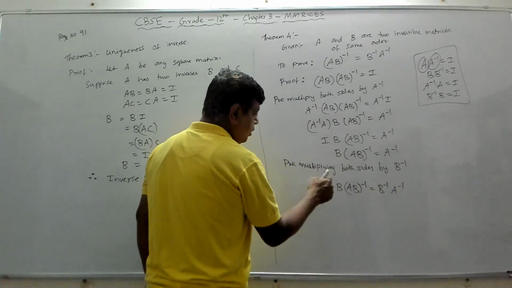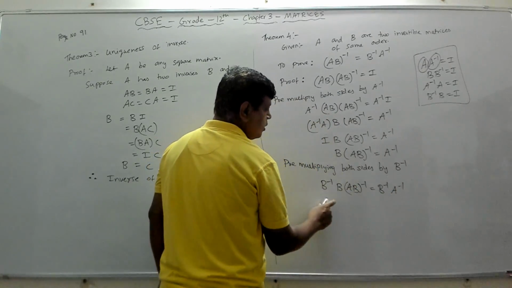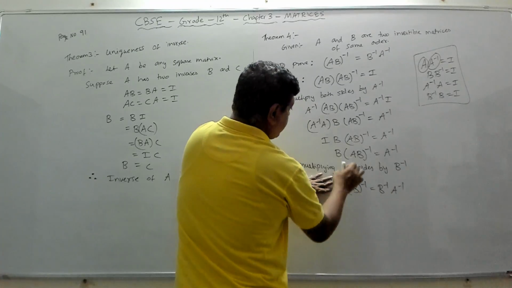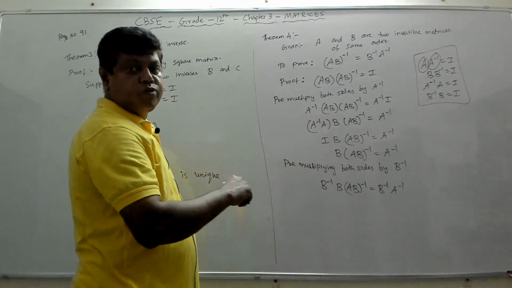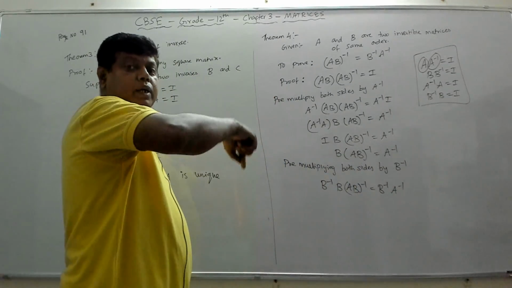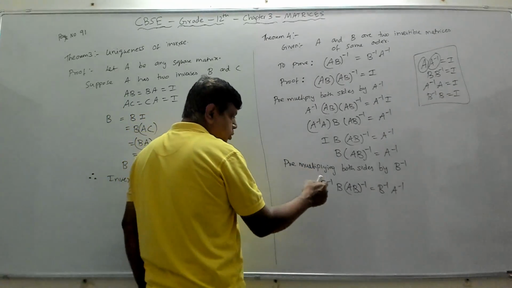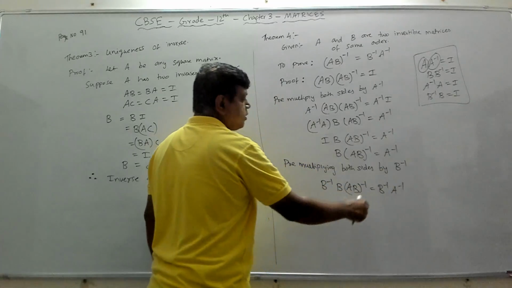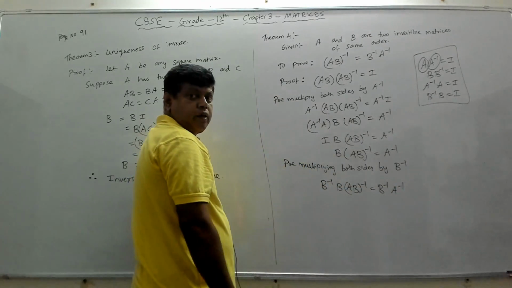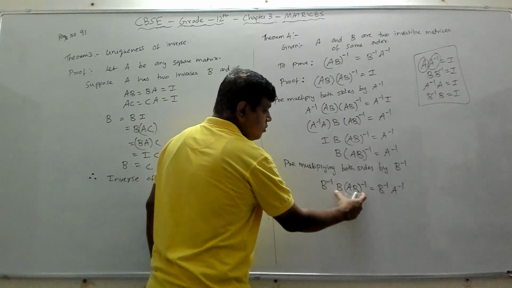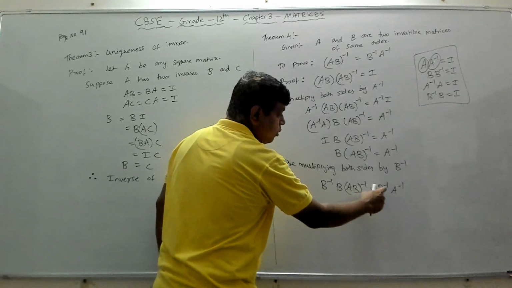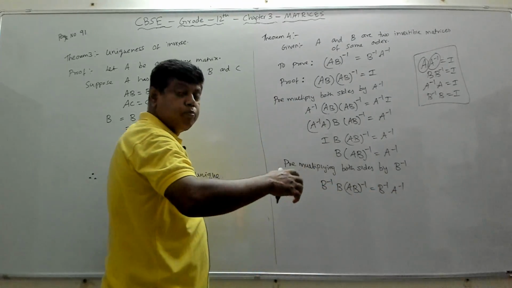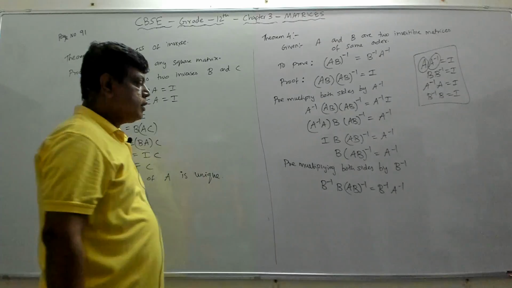So I'm writing the B inverse here and here. You see this? If these two get cancelled, you'll get back this. Because you have to first put B inverse, then write this. Post multiplying means B inverse will come at the end, equal to A inverse into B inverse. That is called post multiplying by B inverse on both sides.